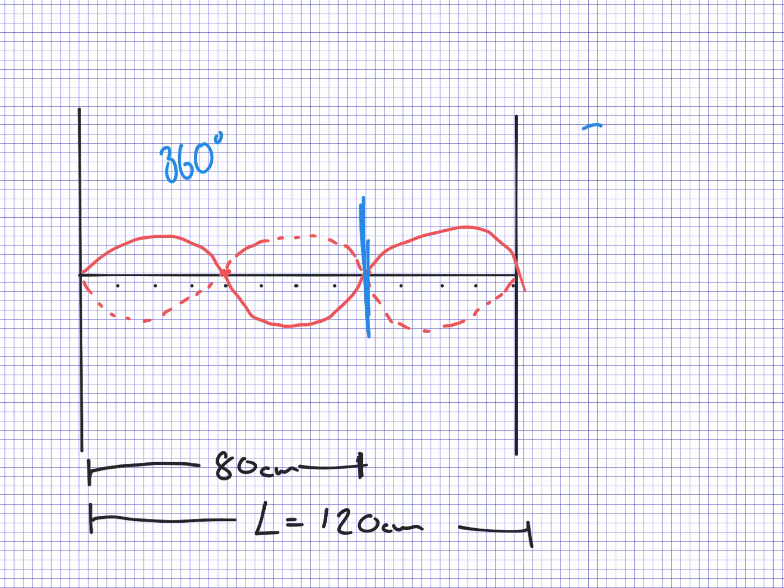If you were to plot this as an object moving around the circle, as you normally do with simple harmonic motion, it's going to do a full rotation of the circle to get to the full wave. And if we do that in radians, that's 2 pi radians. So a full wavelength going from here to here is 80 centimeters. That's 2 pi or 360.